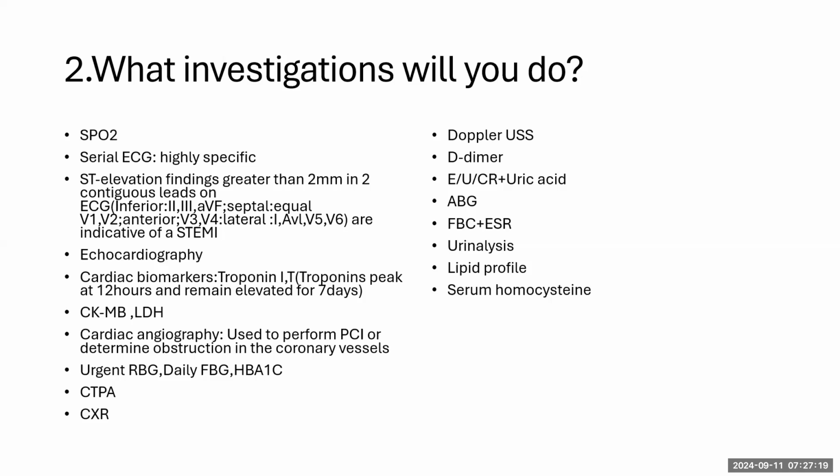It's within 30 minutes of arrival in the hospital. Then if there is no facility for PCI, I think it's 60 minutes. So the door-to-needle time, I think it's 30 minutes.